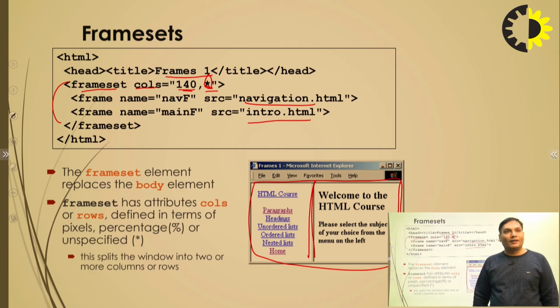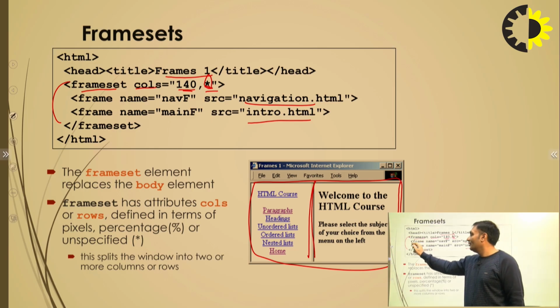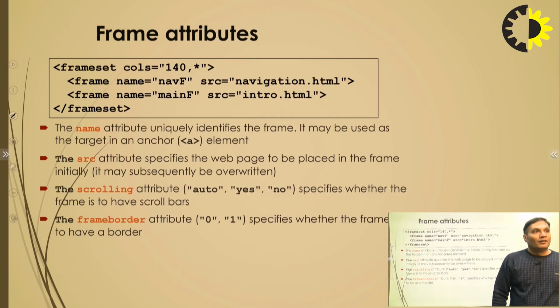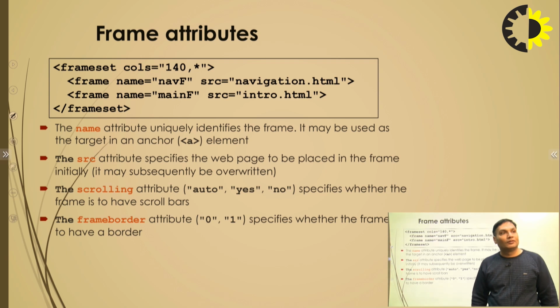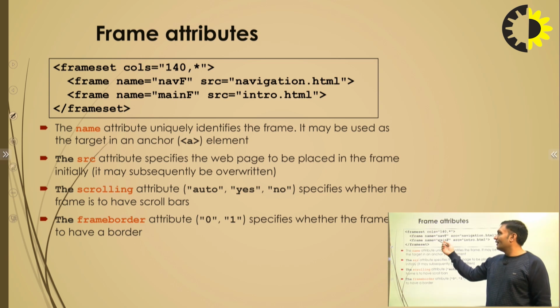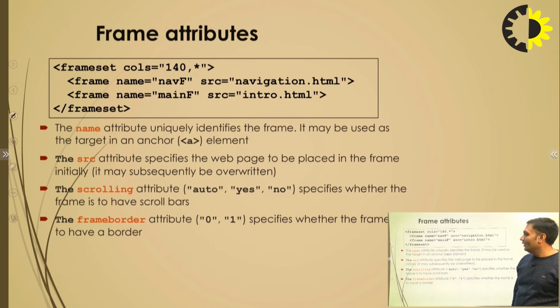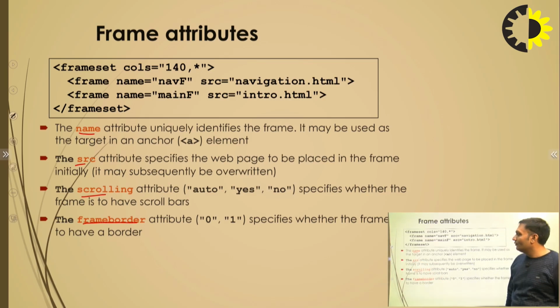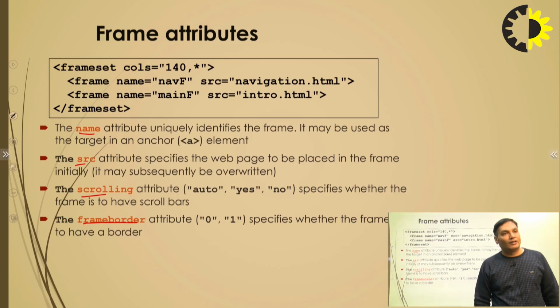The sub element of the frameset element is called the frame element. So this is another example. Here we can use name, src, scrolling and frameborder. These are the 4 attributes that can be used with frameset and frame.